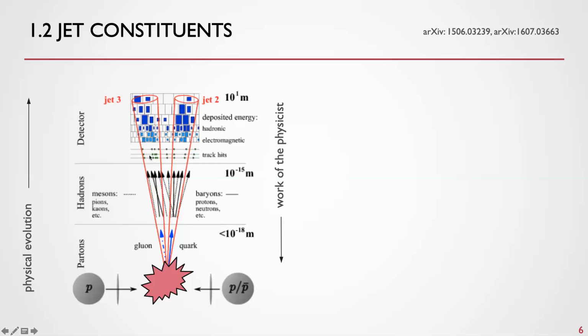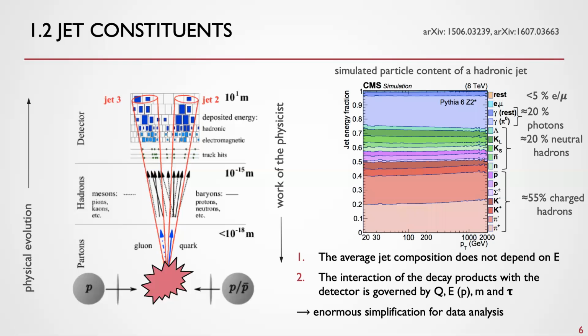Those particles only leave hits in the tracker if they were charged, and then they leave deposits according to their energy in the calorimetry. And if we want to go backwards and learn something about the hard scatter, we have to reconstruct those jets and calibrate our energy measurement back to the initial parton momenta, and then start working on the standard model physics comparison. So the physical evolution goes upwards, the work of the physicist goes downwards, and this is what we concern ourselves with for the rest of the lecture.